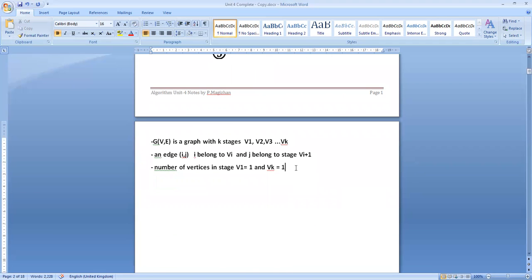So the aim is to find the minimum cost path from the source vertex in V1 to the sink vertex in Vk.